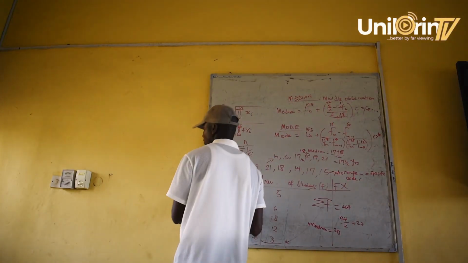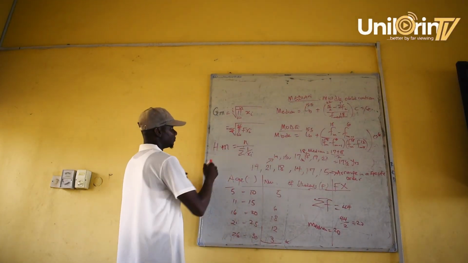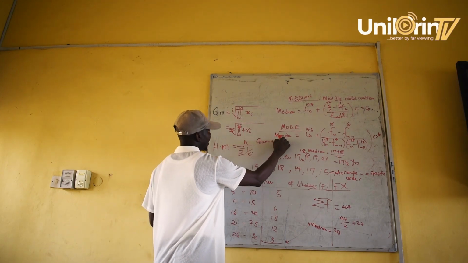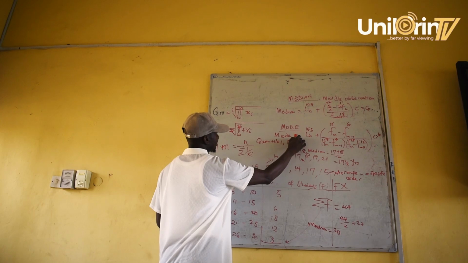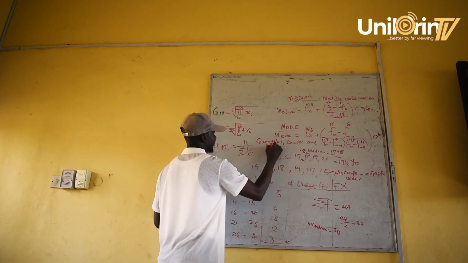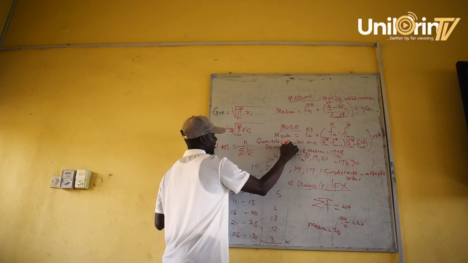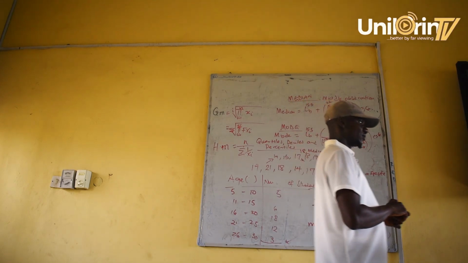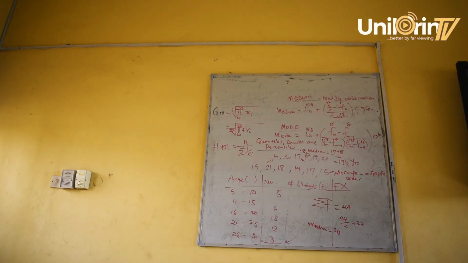What we need to do is to first arrange them in a specific order. It can be descending or ascending. If it is ascending, 14 is the first one that will come. So this information will be arranged as 14, 15, 17, 18, 19, 21.